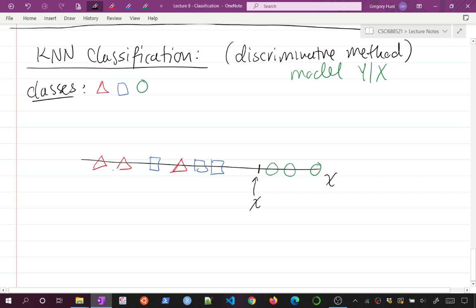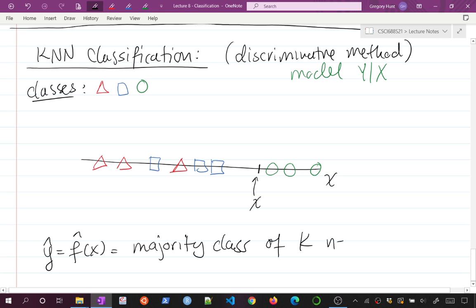But we can't average squares and triangles and circles. That doesn't make any sense. What we're going to do is say y hat, or f hat of x, my KNN, is going to be the majority class of the k nearest neighbors.